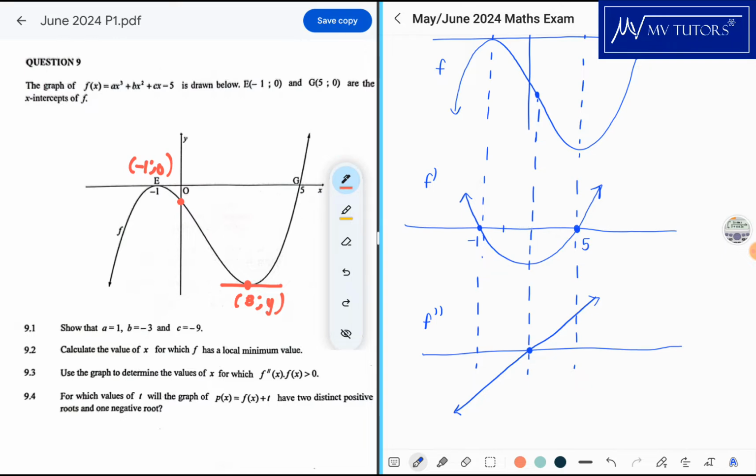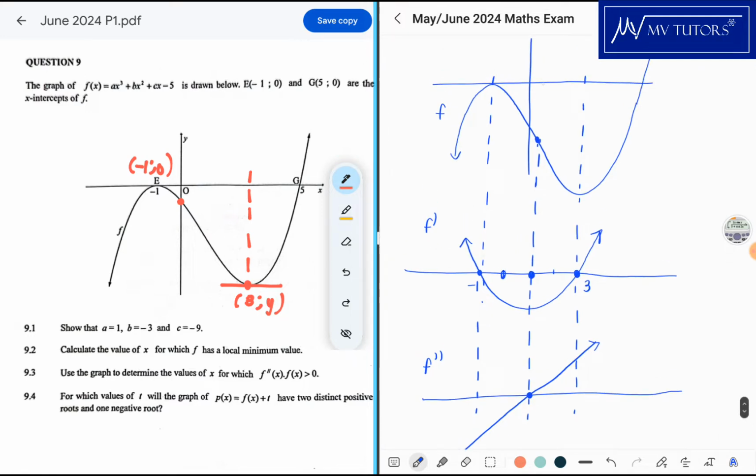No. What's the midpoint going to be? Oh, shucks. Sorry, I put 5 there. I'm supposed to put 3. Okay, because that's the second turning point. So that's 3. So if I have -1, then I have 0, then I have 1, then I have 2, then 3. So this point over here, my point of inflection is at x is equal to 1. So this point here is 1. Okay, 1 and 0.